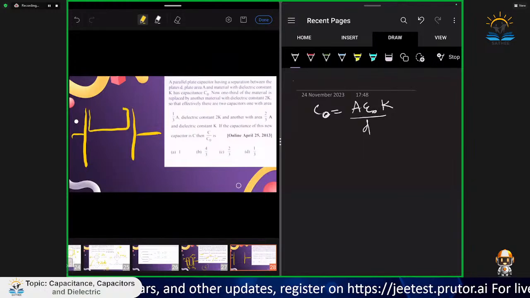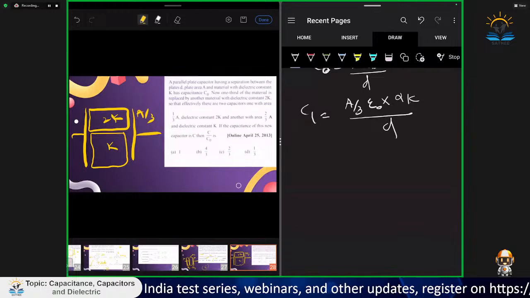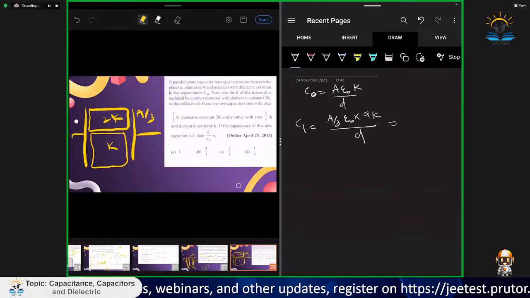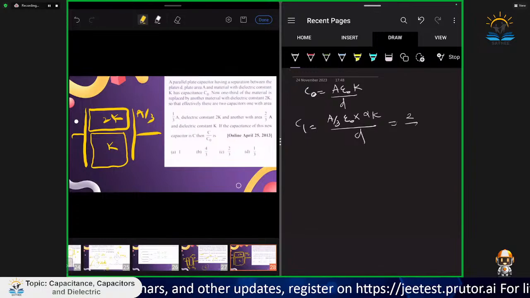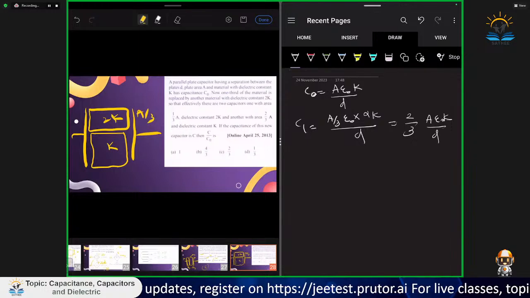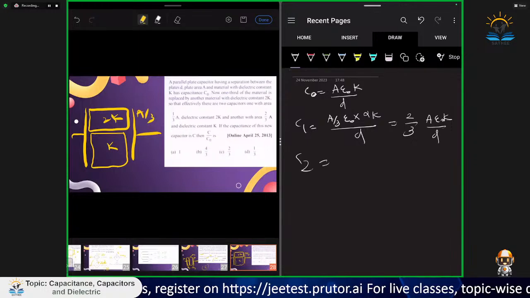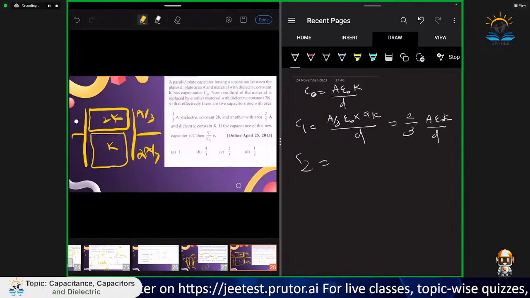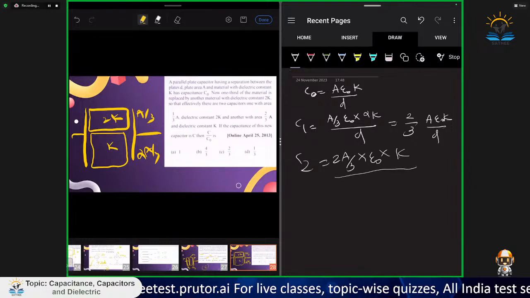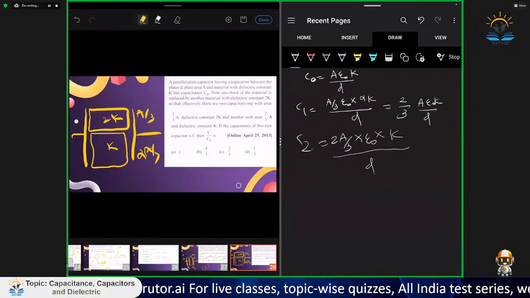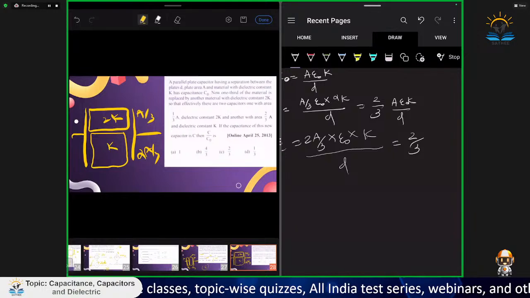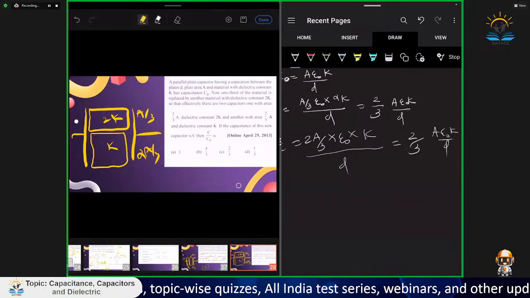So C1 will be 2 by 3 A epsilon K upon D, and C2 will be 2A by 3 into epsilon into K upon D, which is 2 by 3 A epsilon K upon D.